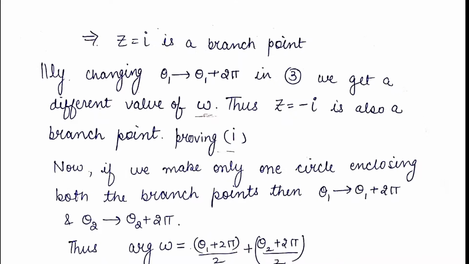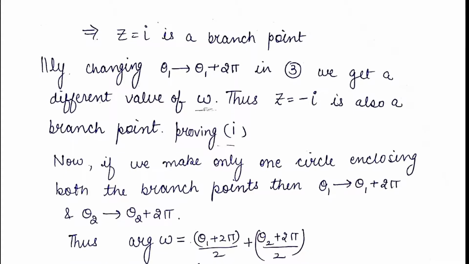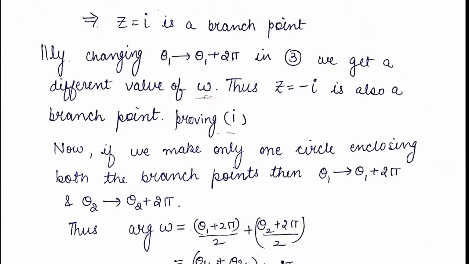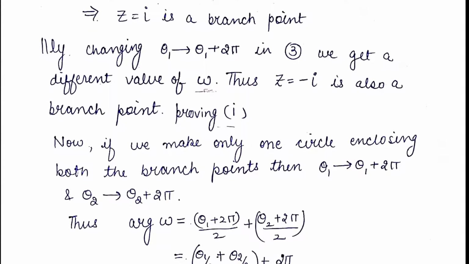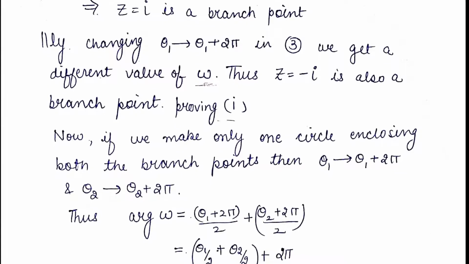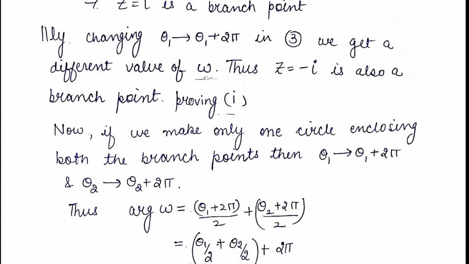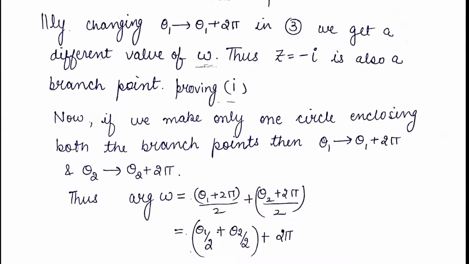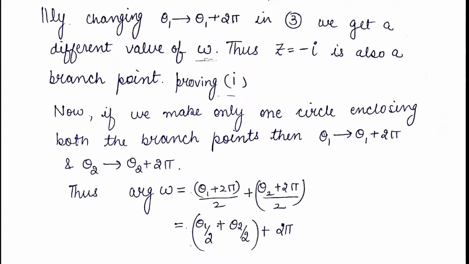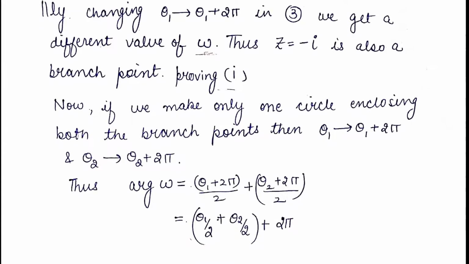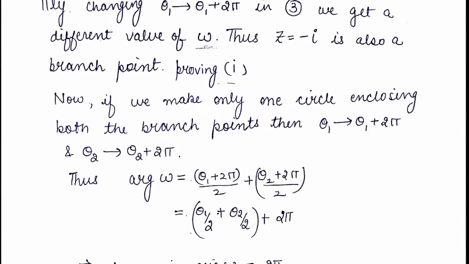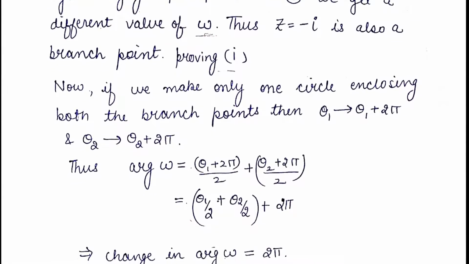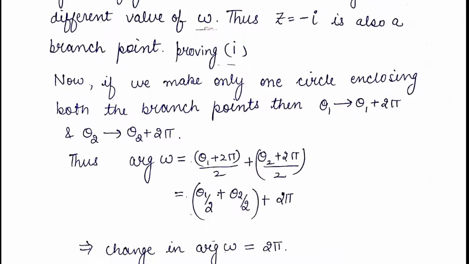And in a similar manner, we can prove that z is equal to minus iota is also a branch point. And now for part 2 of the problem, we have to make one complete circle enclosing both the branch points, and we want to prove that there will be no change in the value of w in this case. So why?